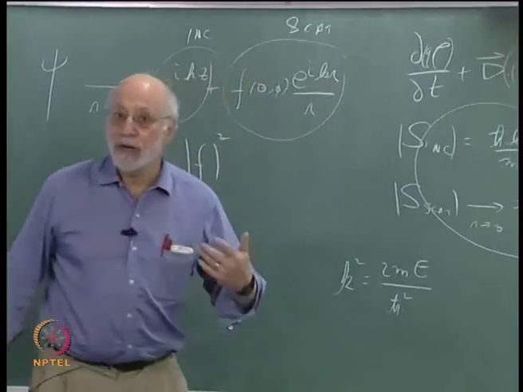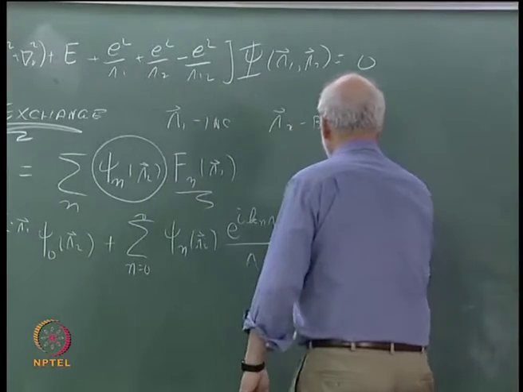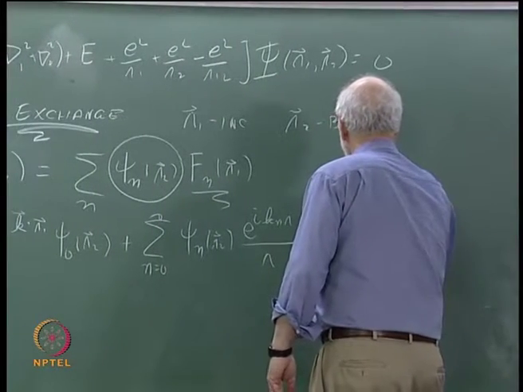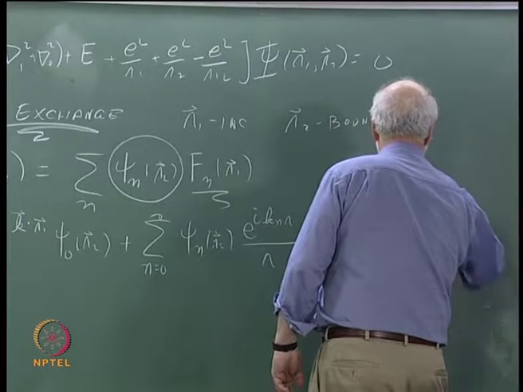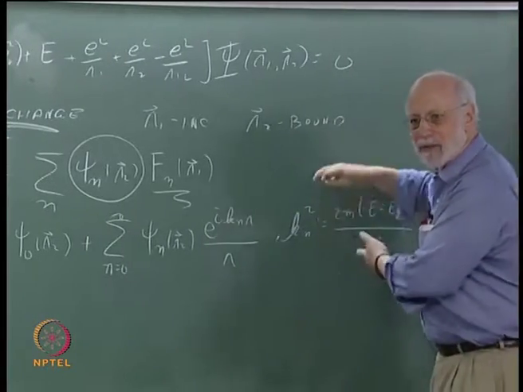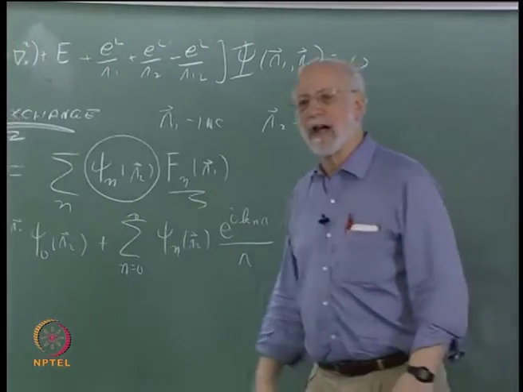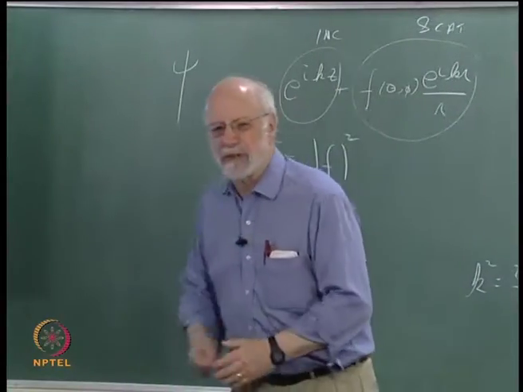That's the energy of the incident electron. Here, when the electron has lost some energy, kn squared is equal to 2m(E minus En) over h bar squared, the excitation energy to a particular state of the hydrogen atom. So this is just definitions so far.